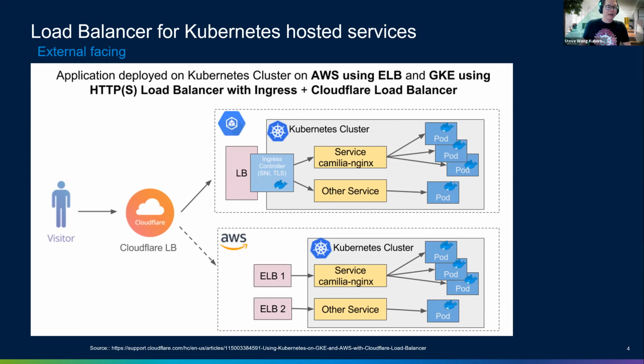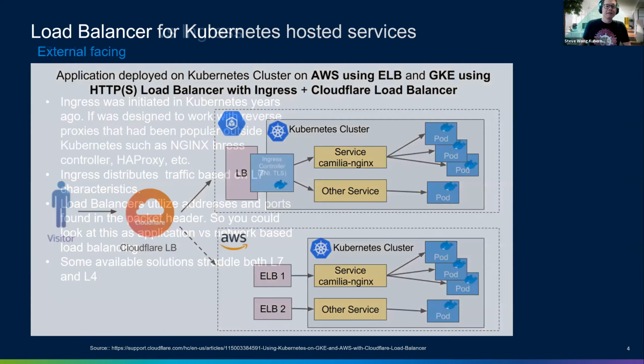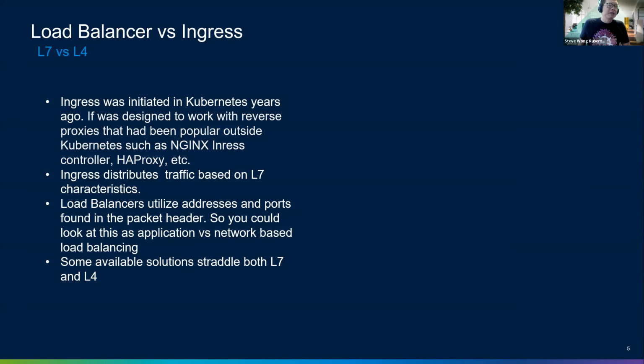But if you're talking about HTTP, HTTPS, there is an option to use an ingress controller to accomplish exposing that too. Ingress would typically be up at L7, load balancing down at L4. There are potentially some hybrid solutions that can operate concurrently at both, and that's kind of a deeper dive topic.